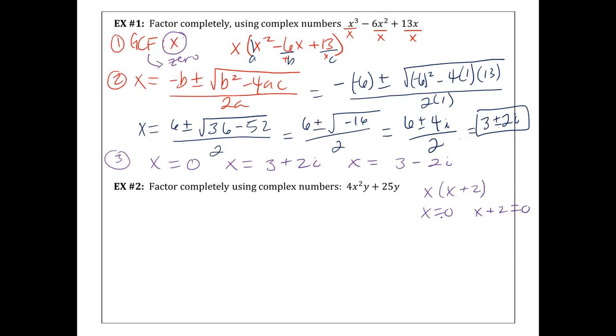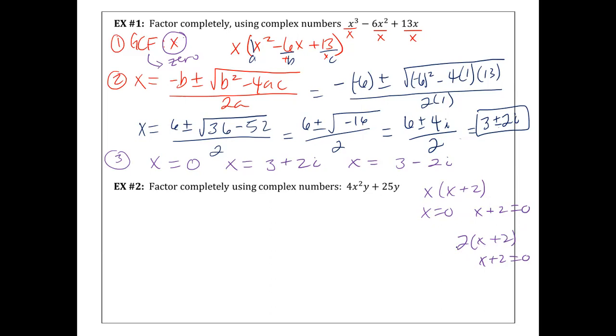However, if I have 2 times x plus 2, this isn't a variable factor. The only factor set equal to 0 is the one with a variable in it. So I only have 1 zero in this problem, but in this problem it has 2. That makes sense because this is a quadratic and this is a linear.